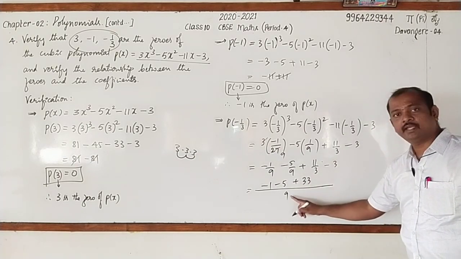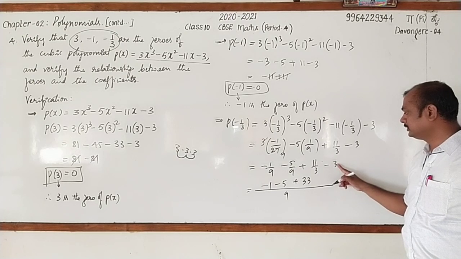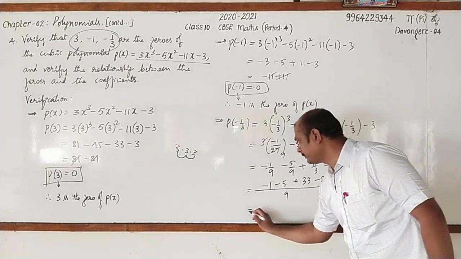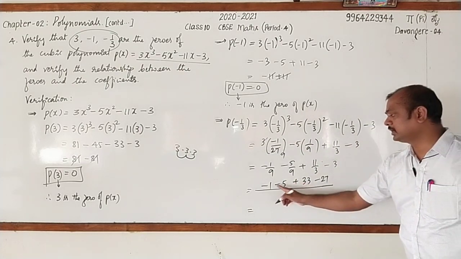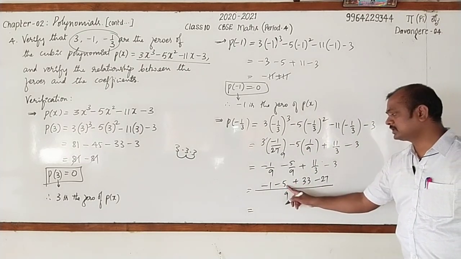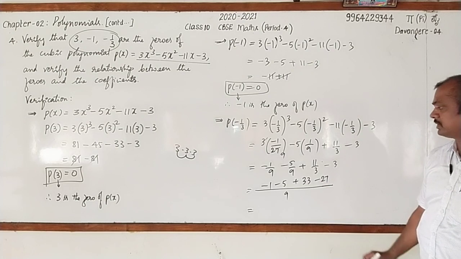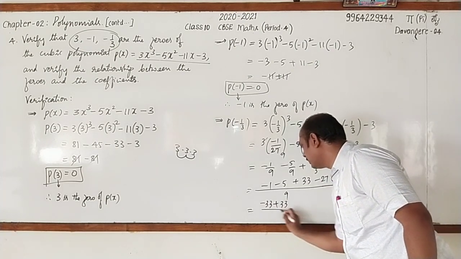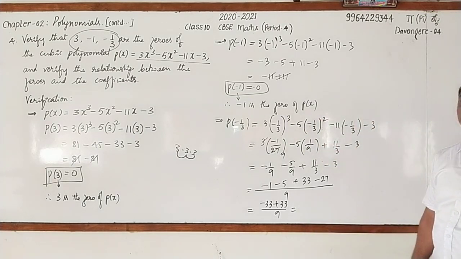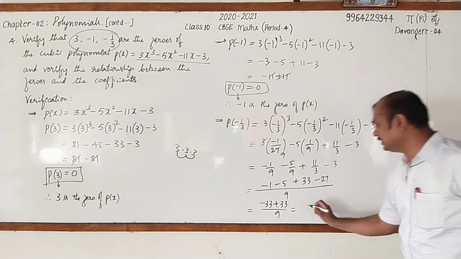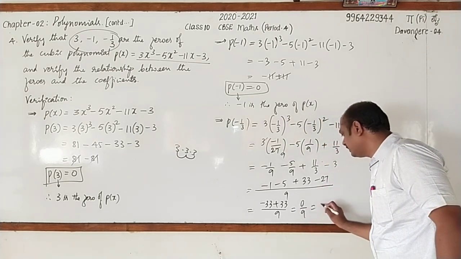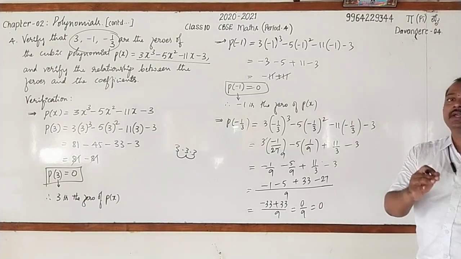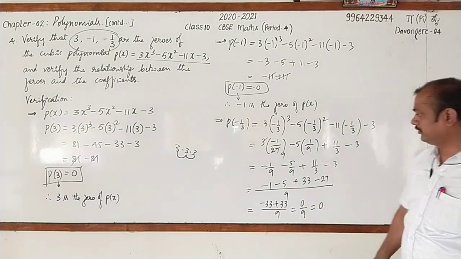Then multiply the LCM with the fourth term. 3 9s are 27, minus 27. Observe here. You can come to know that minus 1 minus 5 is minus 6. Minus 6 minus 27 is minus 33. Then plus 33, whole divided by 9. Minus 33 plus 33 is 0. 0 by 9 is 0, because we all know that 0 by anything is 0.